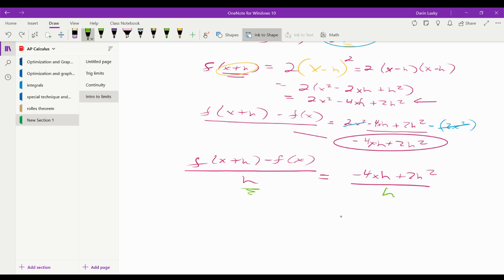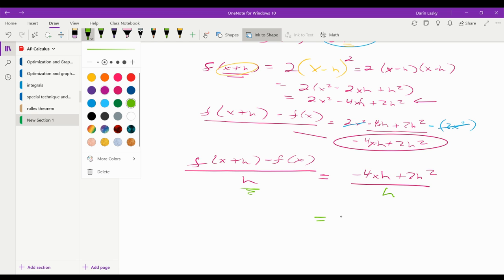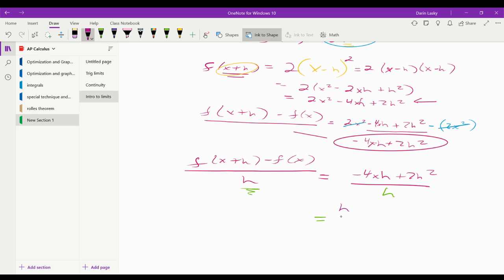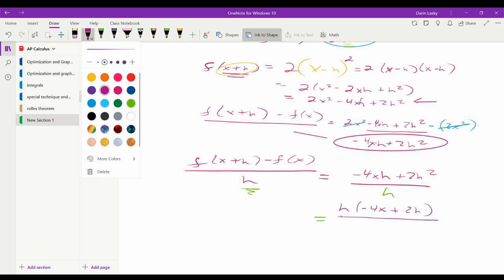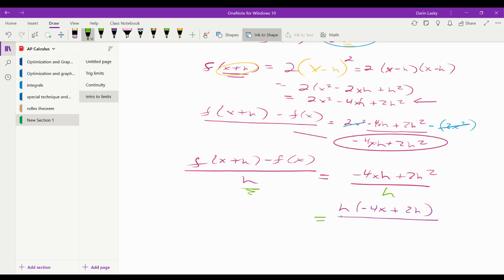H. So now I do a little factoring because I can take an h out of this. So I get h times negative 4x plus 2h, and that's going to be all over h.